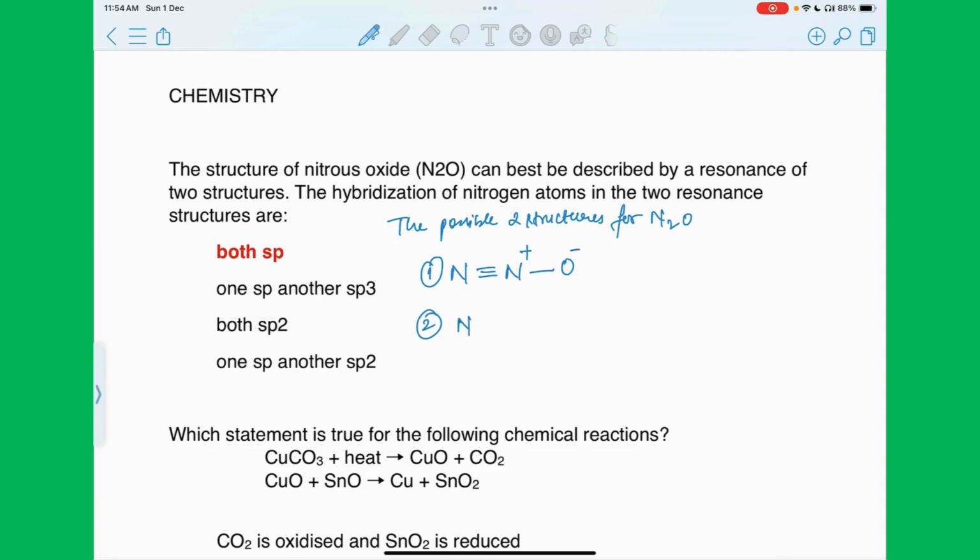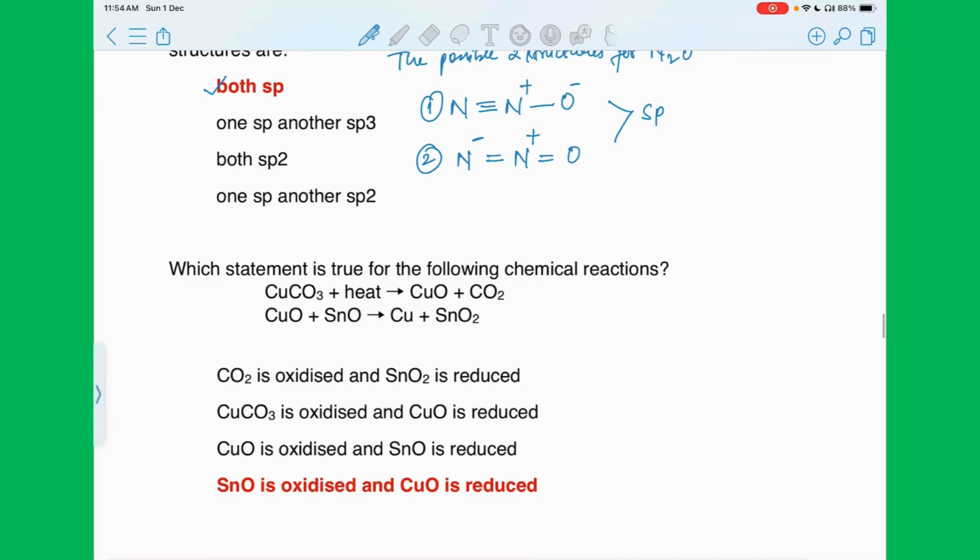Then N double bond N double bond O with one of the nitrogen with partial negative charge and another nitrogen atom with partial positive charge. So in both of the cases, we are getting the sp hybridization of the nitrogen atoms. So the correct option is option number 1. So go to the next question.